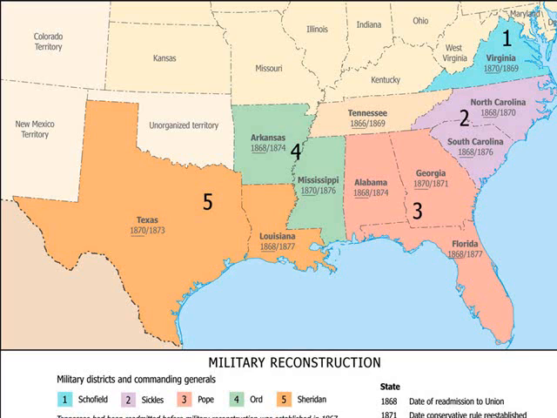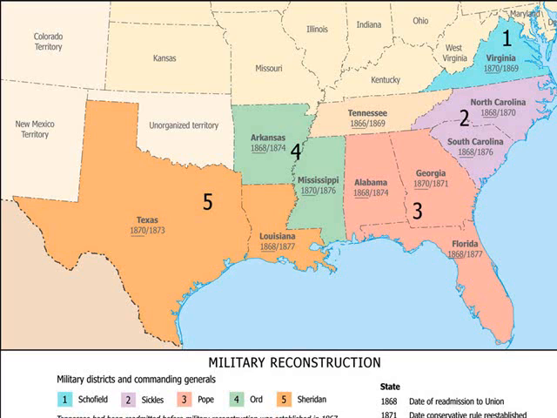And you will see that each one of the numbered areas was controlled by a particular general. Schofield was in 1, Sickles was in 2, Pope was in 3, not like the Pope in Rome. Commander Ord was in 4, and then Sheridan was in 5.